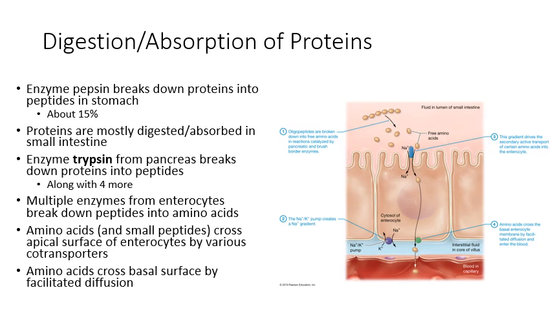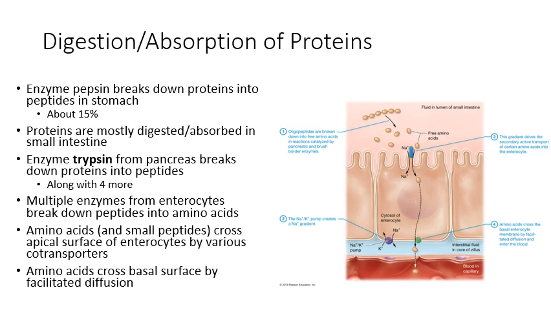And of course you have the stomach acid itself denaturing the proteins in the stomach. So between the proteins being denatured in the stomach and the action of pepsin, you have about 15% of the proteins digested into peptides in the stomach. But they wouldn't be broken down into actual free amino acids at that point. They would just be broken down into kind of small chunks of amino acids called peptides.